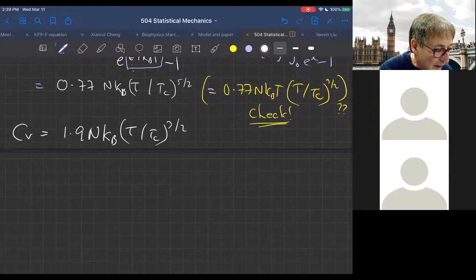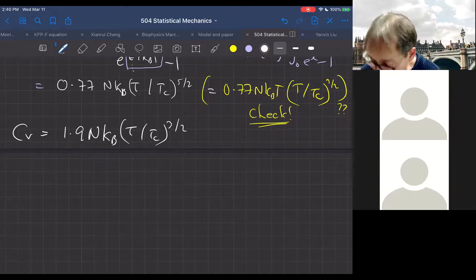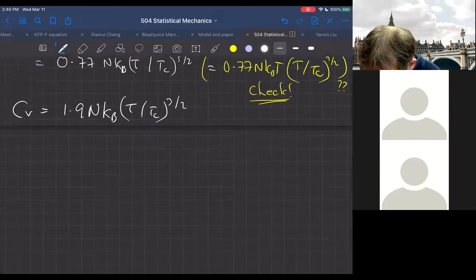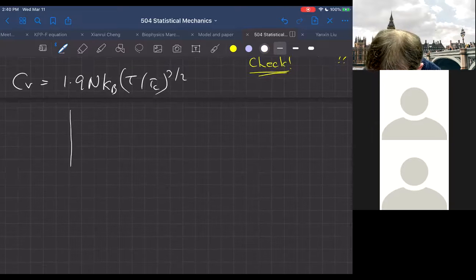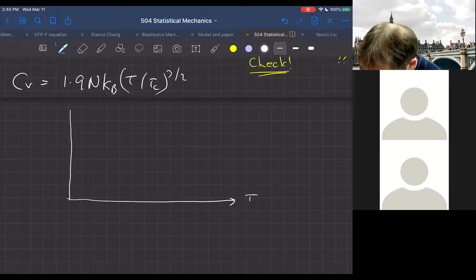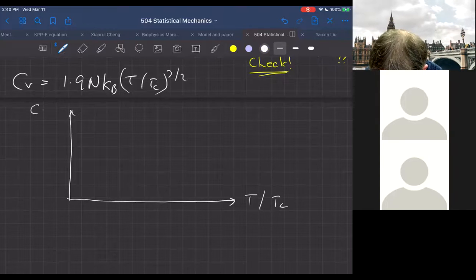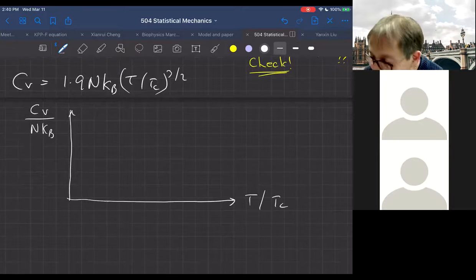Okay, so now let's draw this. On the horizontal axis, T over Tc, and on the vertical axis, Cv over N kB.